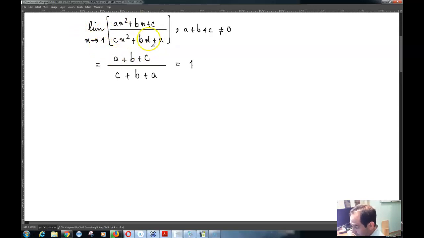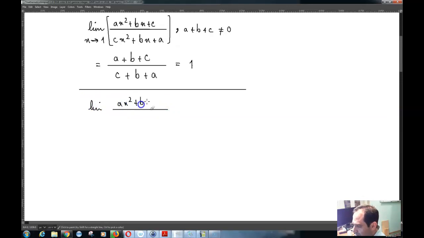Now suppose that you have the same thing, for example, the limit of ax squared plus bx plus c over cx squared plus bx plus a, and you want to take the limit of this as x, for example, tends to 2. Let's see what happens here.